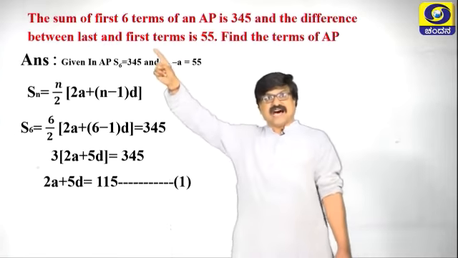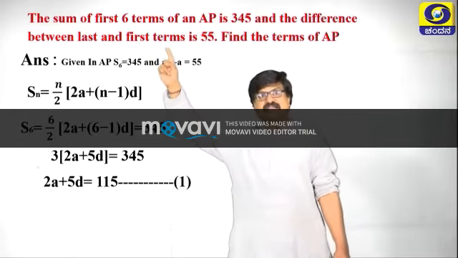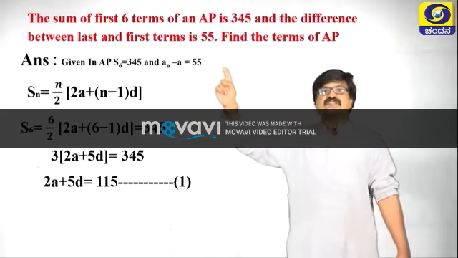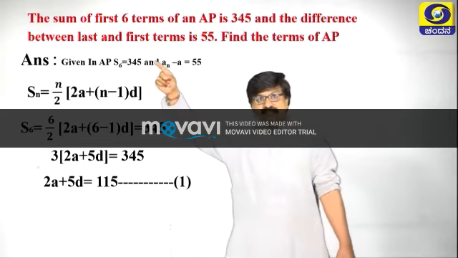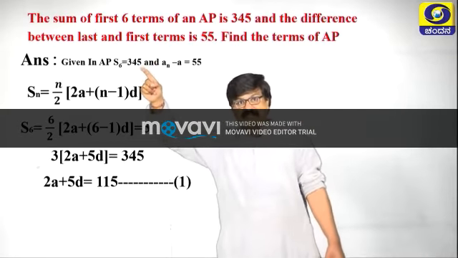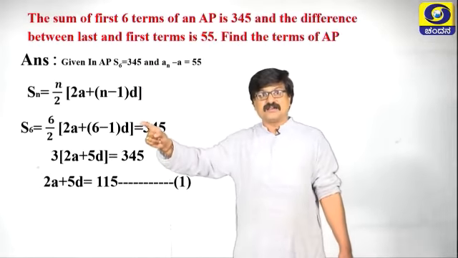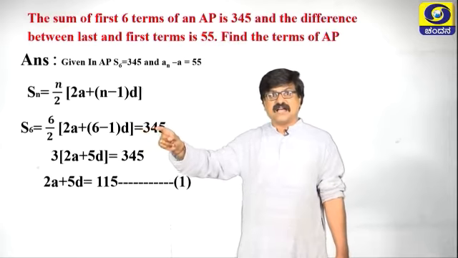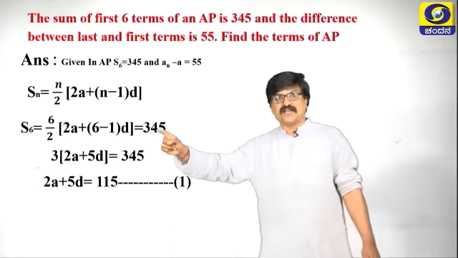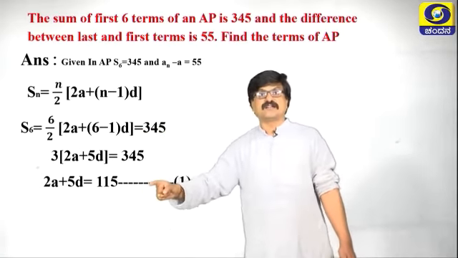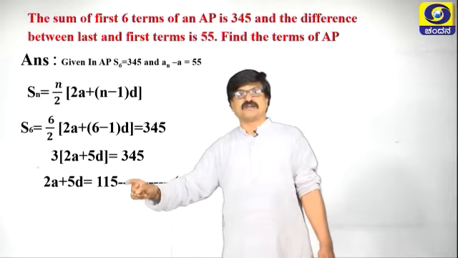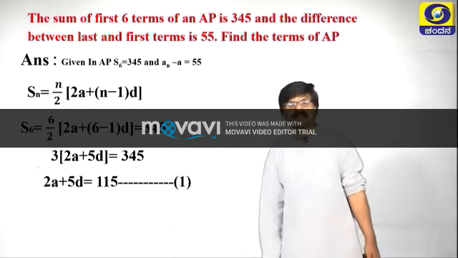The difference between the last term, an, minus the first term, a, is 55. So, using S6, that is the 345 value, see the Sn formula, n value as 6 and S6 as 345, simplify, and we got the first equation as 2a plus 5d is equal to 115.